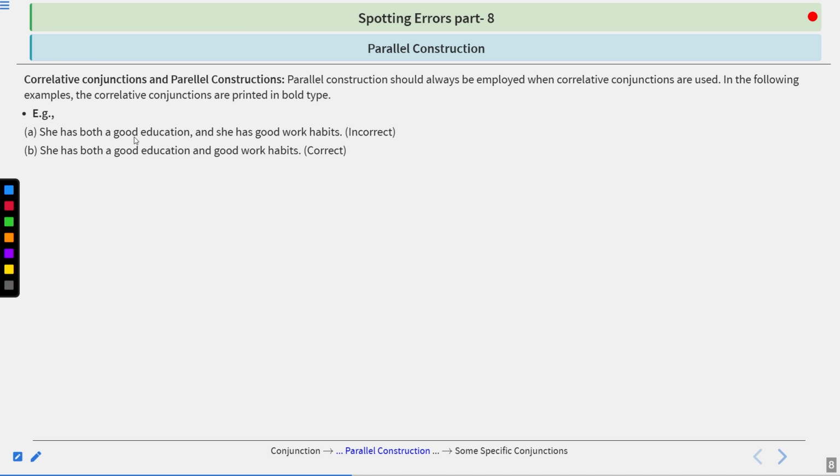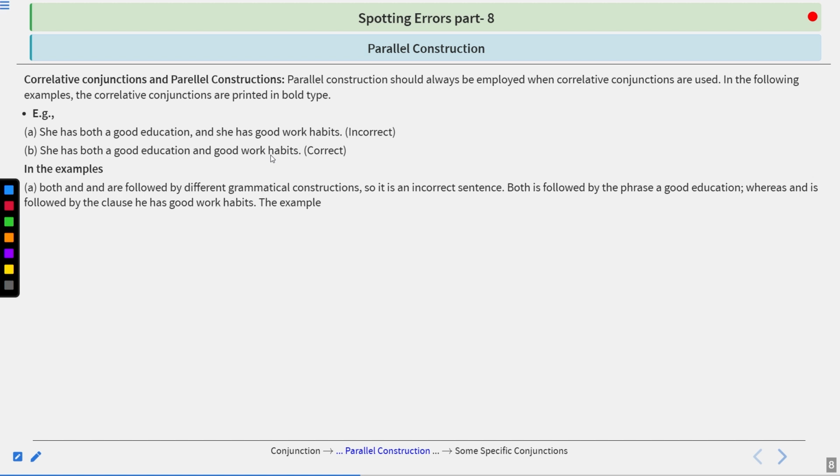Here you can see that we have used a noun phrase, a good education, and here we have used a clause. This is incorrect because before and we have used a phrase and after and we have used a clause. To correct the sentence, we will write like this: she has both a good education, a noun phrase, and good work habits, a noun phrase again. It is correct.